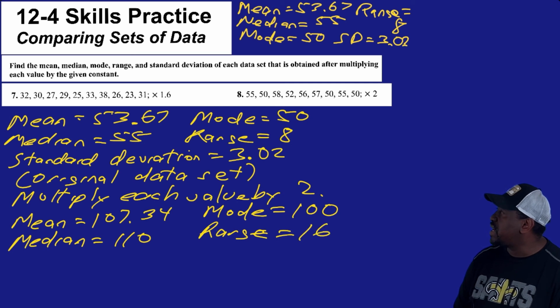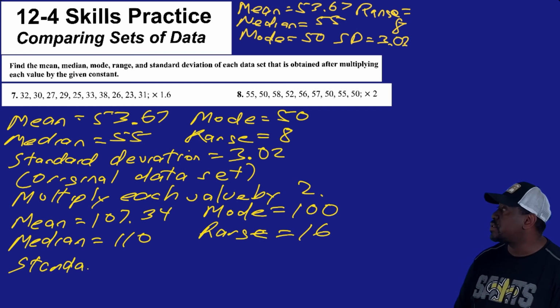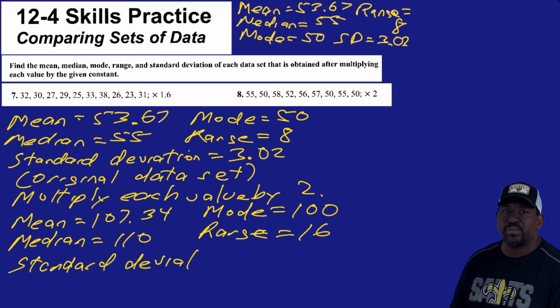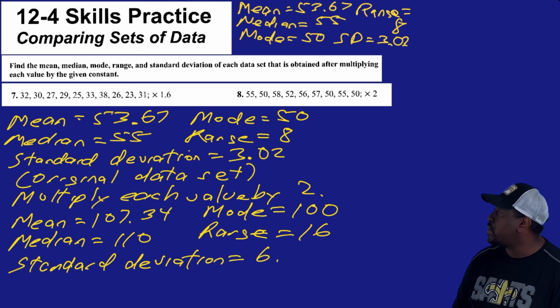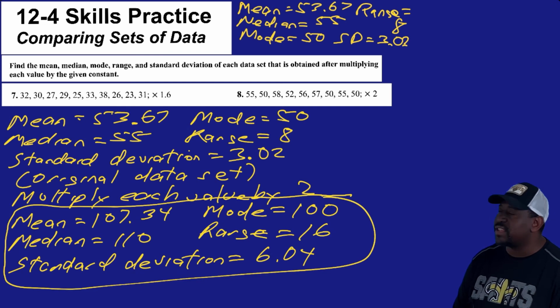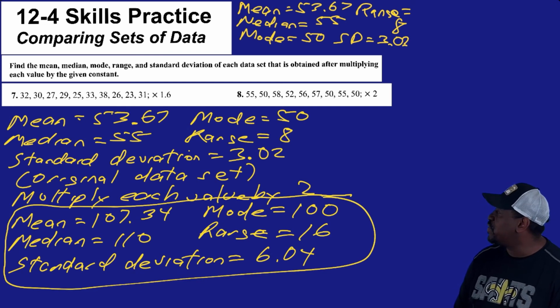And our new standard deviation will be 3.02 times 2, which is going to equal 6.04, which we'll pop up here in a second. So again, we have now gotten our answer. The NOLA Mathman circles the answers, make it clear to the viewer.